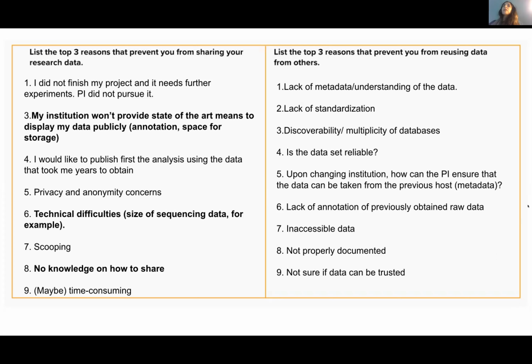Okay, that brings me back to the topic of incentives for data sharing. PIs as well, for everyone, for PIs or any researcher, the incentive for data sharing.